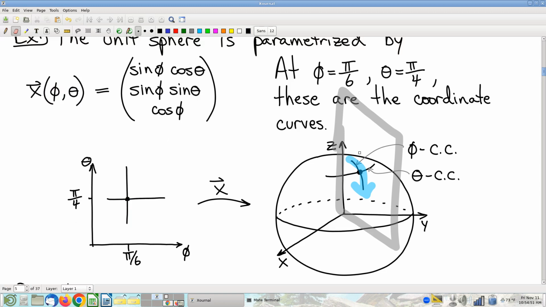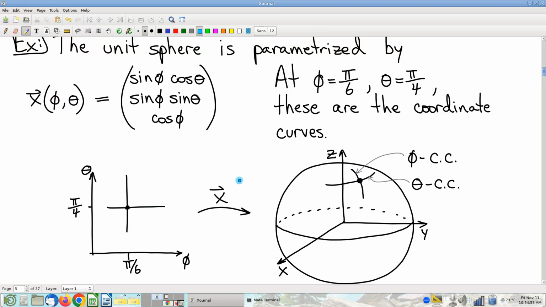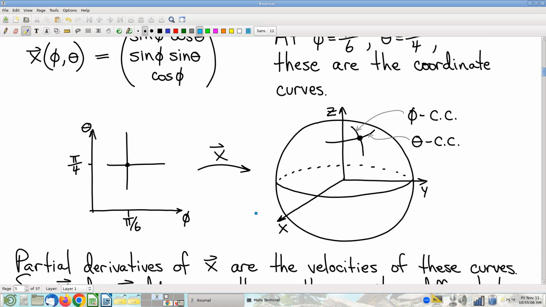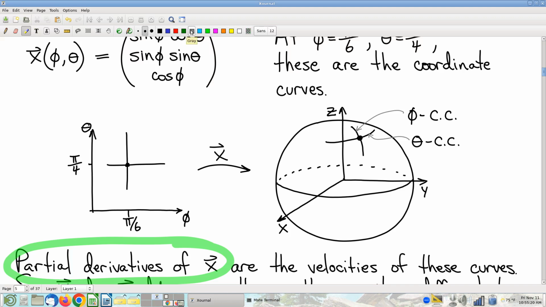All right. So now let's ask the question: what can I say about the derivatives of this function? I think this is a reasonable thing to want to ask, and it turns out we're kind of already there. If I talk about the partial derivatives, what is a partial derivative of the parameterization? Let's do the partial with respect to theta.